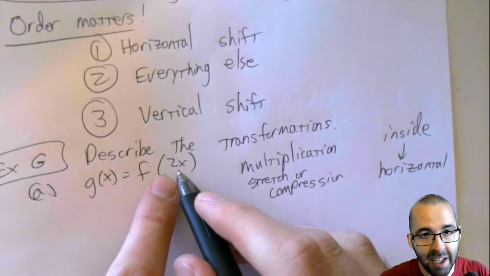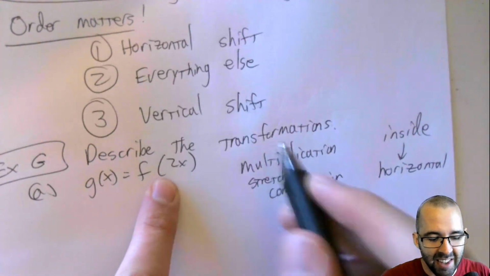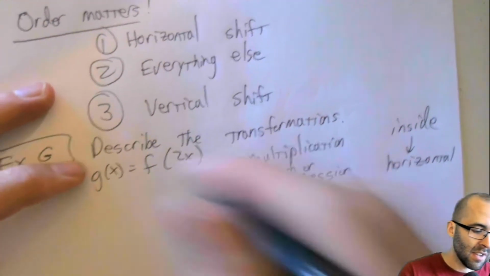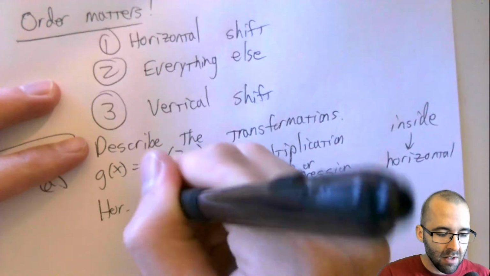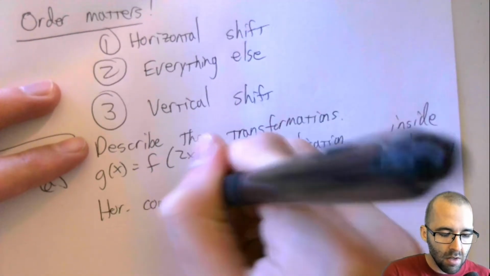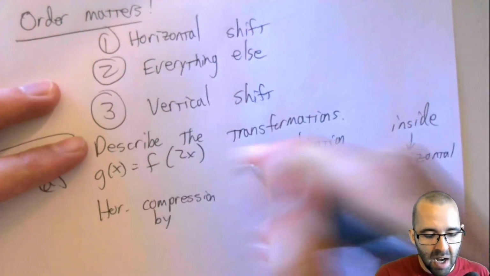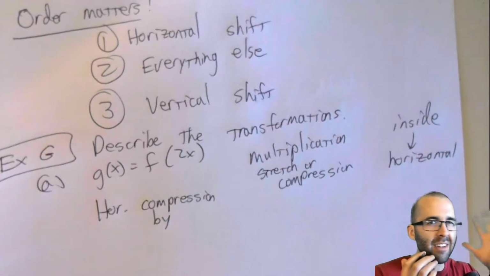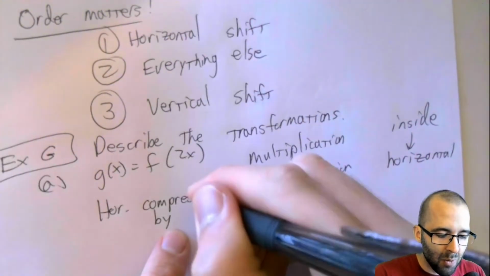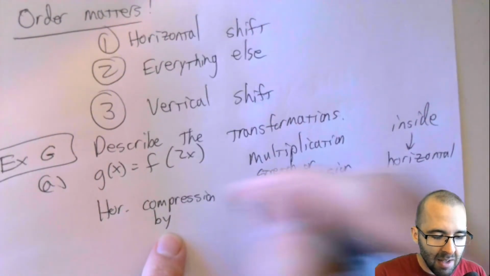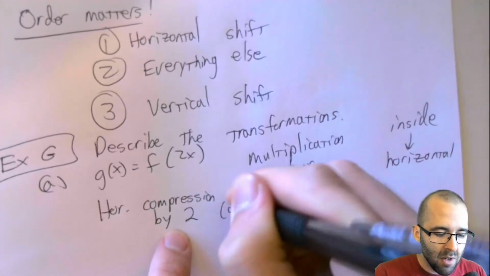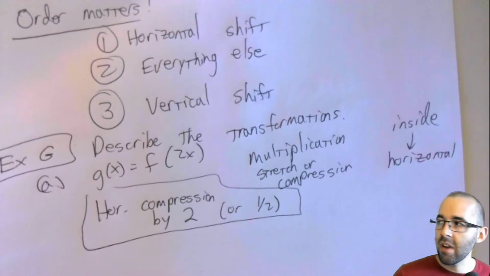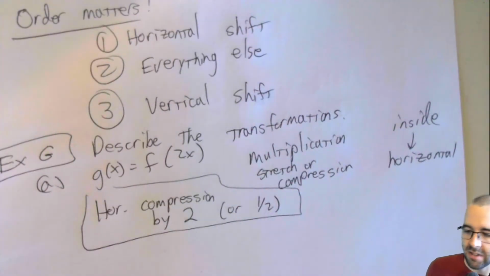You might think doubling it stretches it. But it's on the inside, so it goes the other way. This is going to compress it. Okay? This is a horizontal compression by 1/2 or by 2. I'll accept both phrasings, even though there are some semantics that we can get into on why that's not okay. I'll take either answer. That's all there is to part A. Identifying the function transformation.